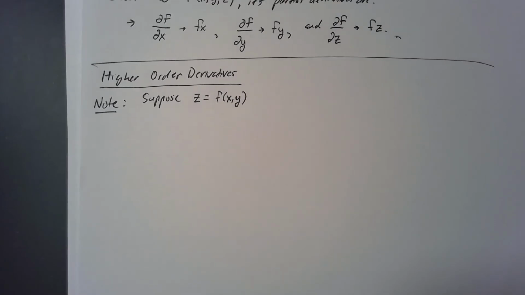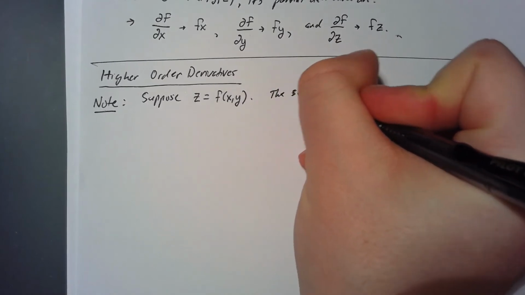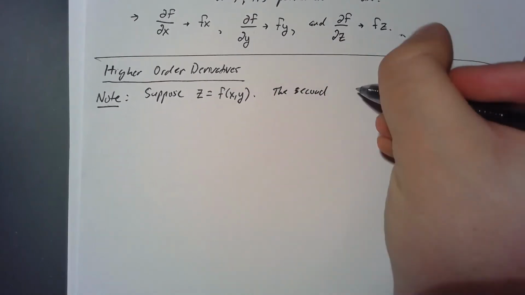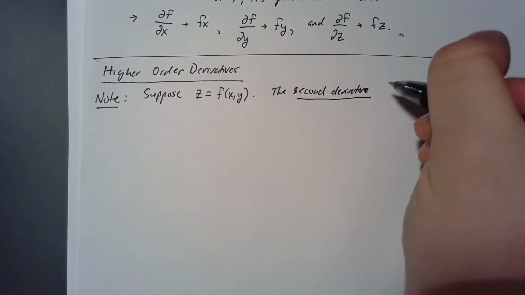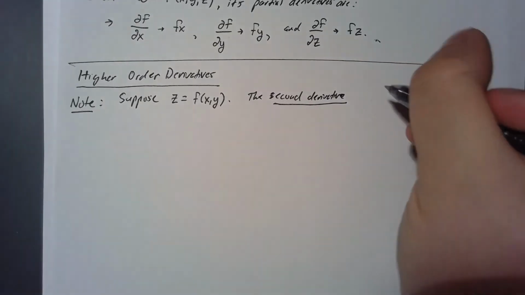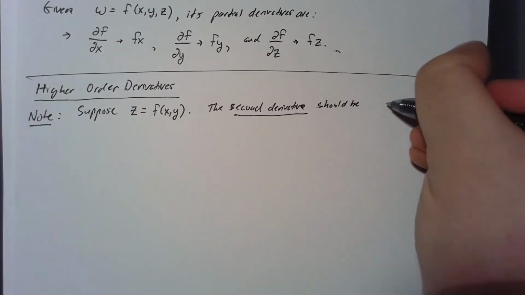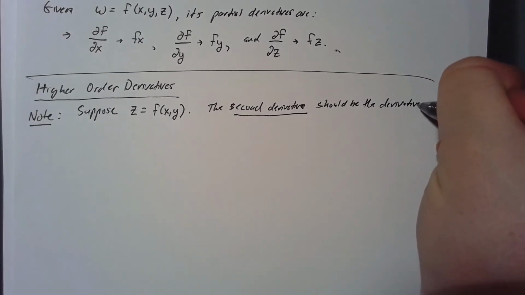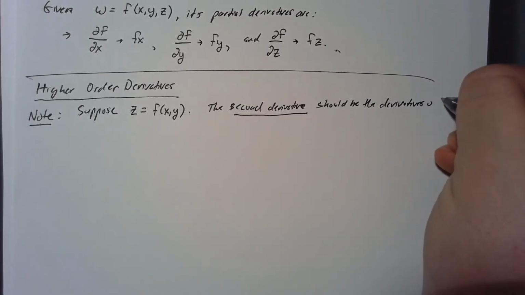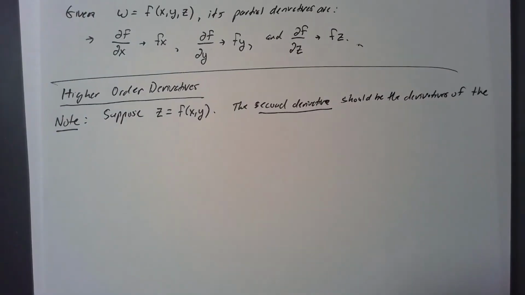Suppose z equals f of x, y. The second derivative should be the derivatives of the first derivatives.